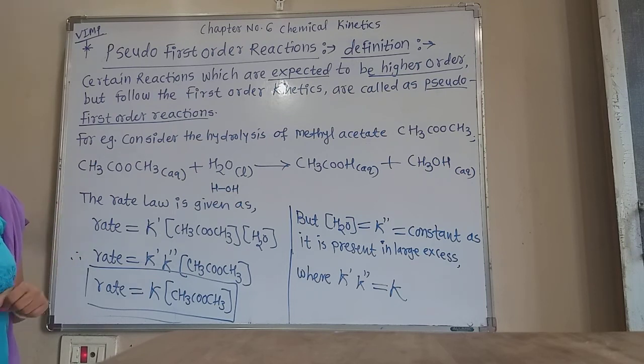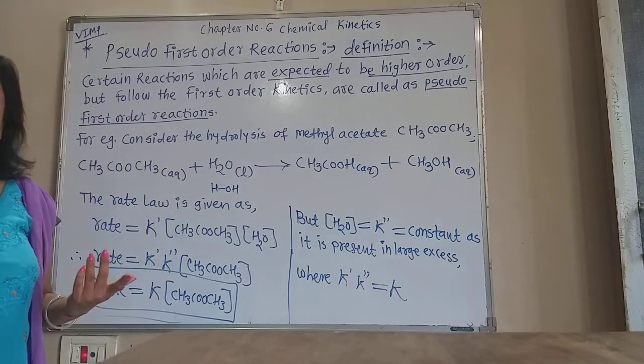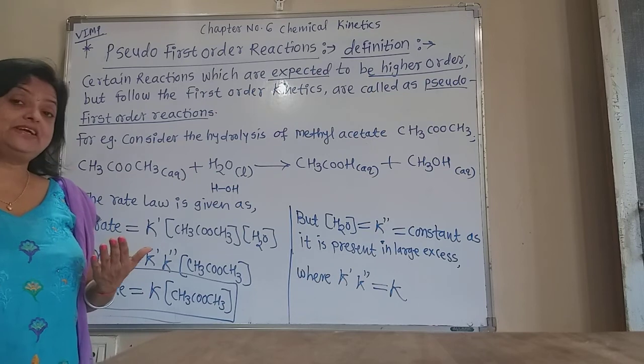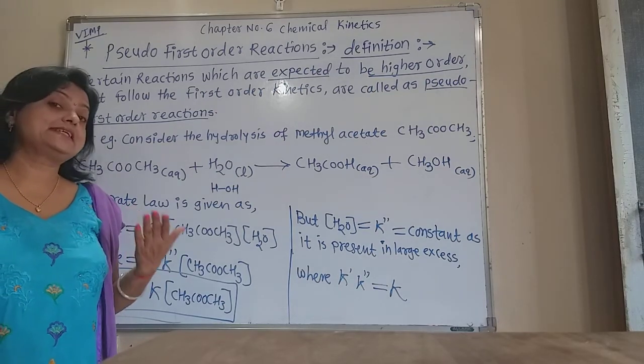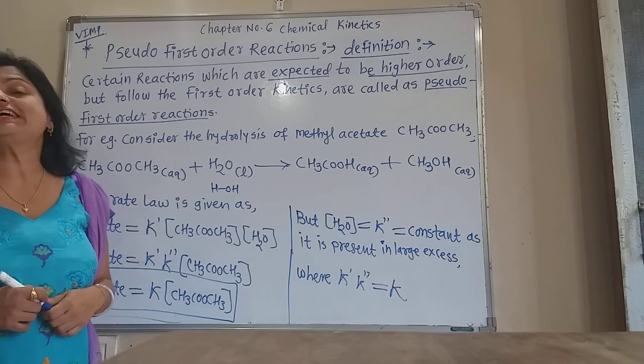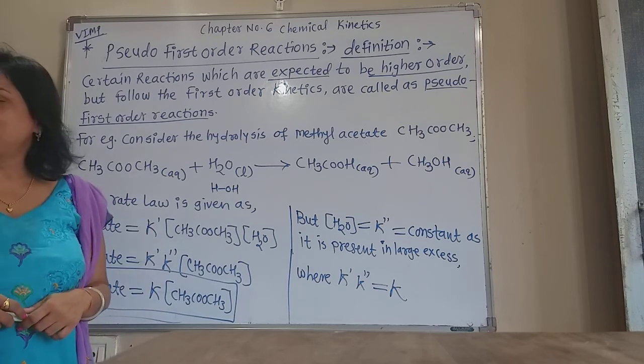But there also the concentration of water remains constant during the hydrolysis of sucrose, and in this way, though we expect a second order reaction, it follows the kinetics of the first order reaction. So hydrolysis of cane sugar, that is sucrose, is also a pseudo first order reaction.